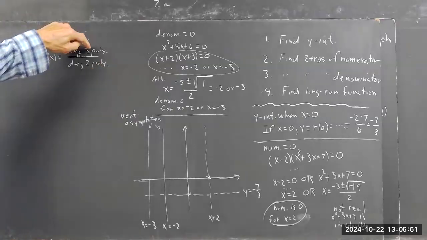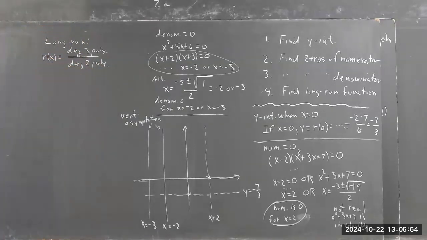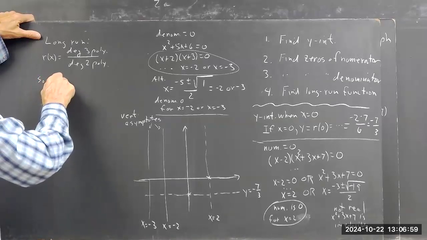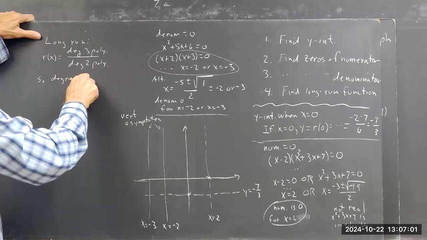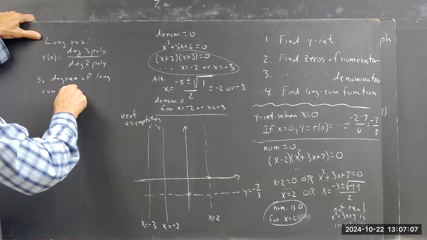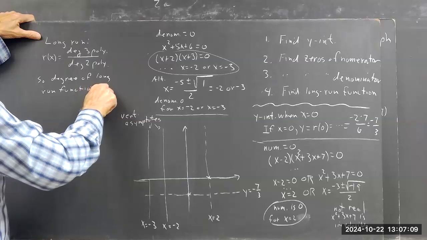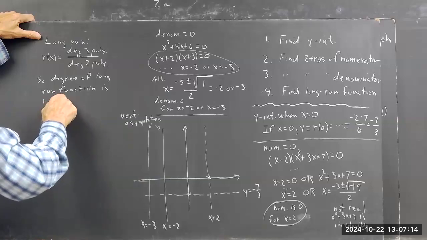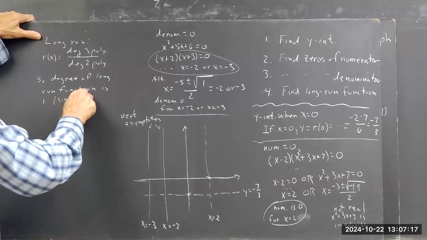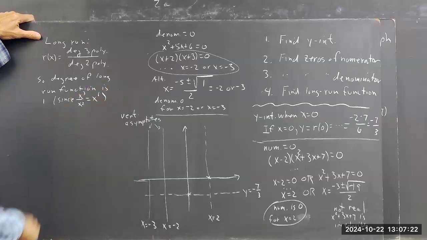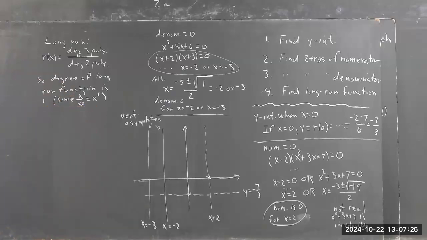R of x is a degree 3 polynomial divided by a degree 2 polynomial. You wouldn't necessarily have to write all this out, but the degree of the long run function is 1.